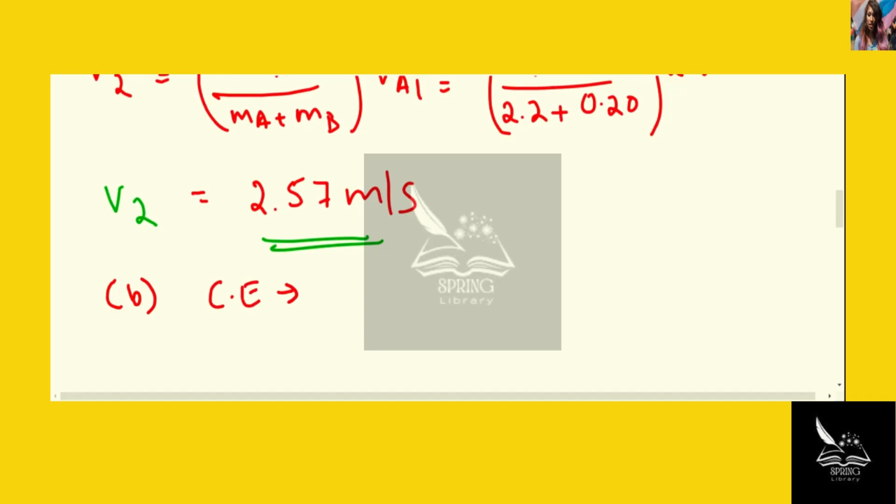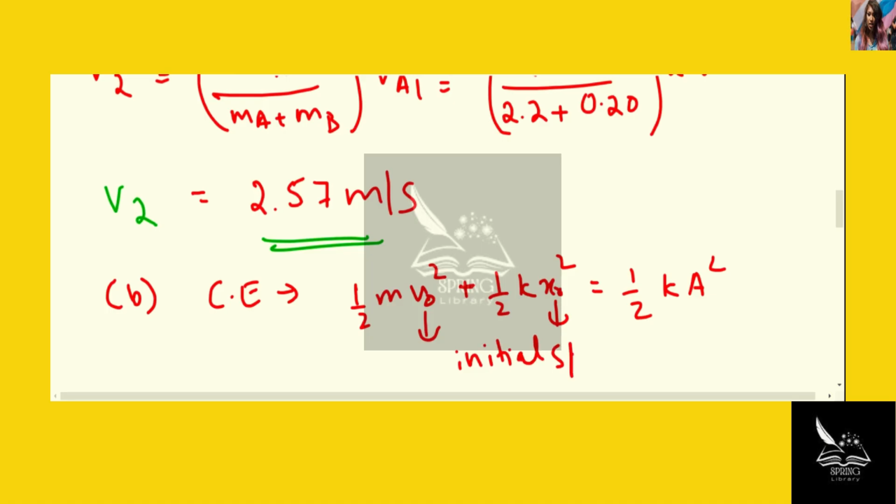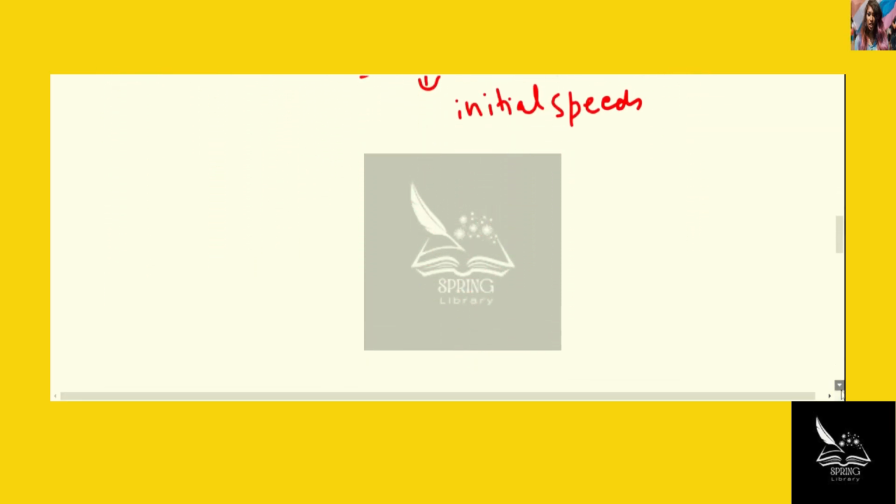When that is applied, you get half m v naught squared plus half k x naught squared equal to half k a squared, where v naught and x naught are the initial speed and displacement of the object, and the displacement is measured from the equilibrium position of the object. This is the consideration that we have taken.